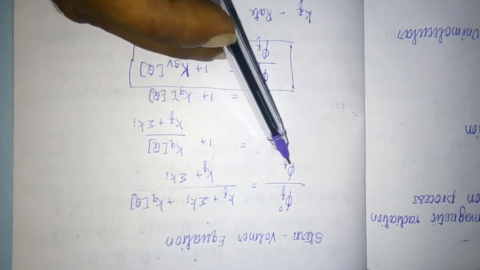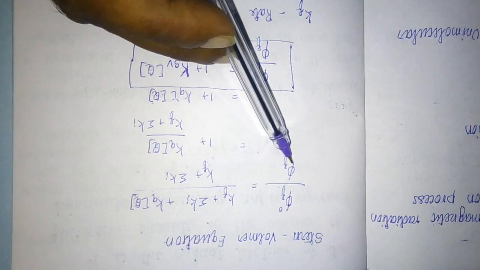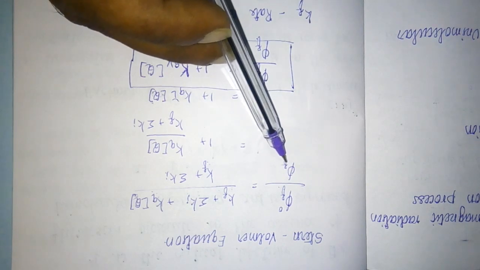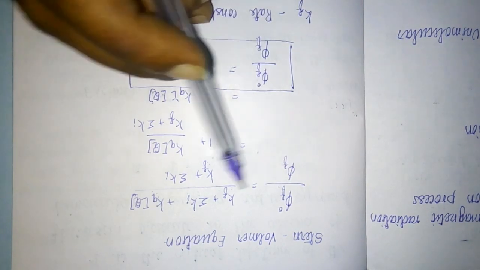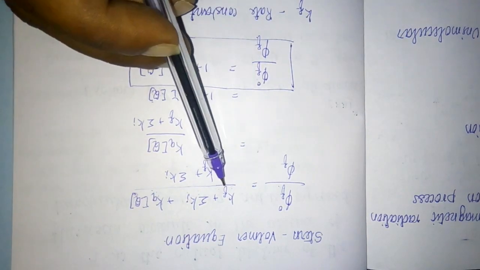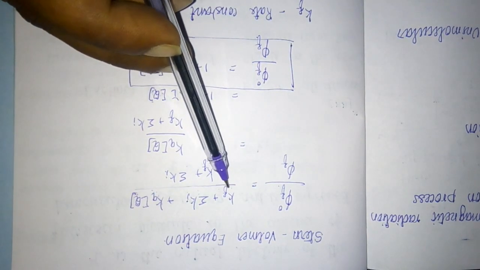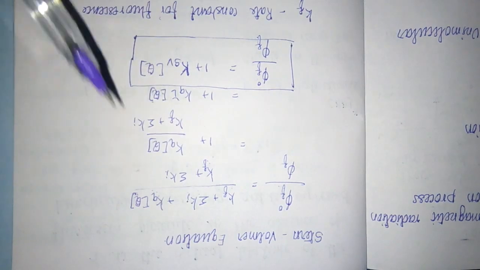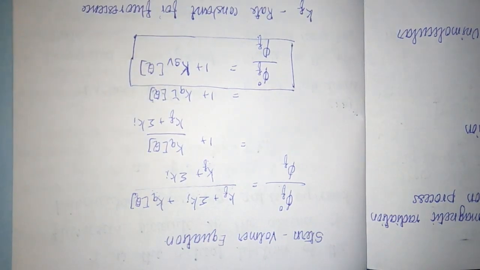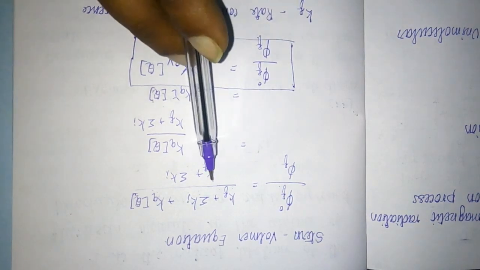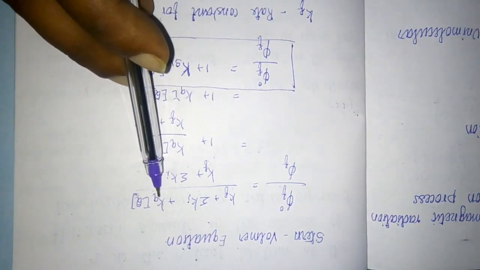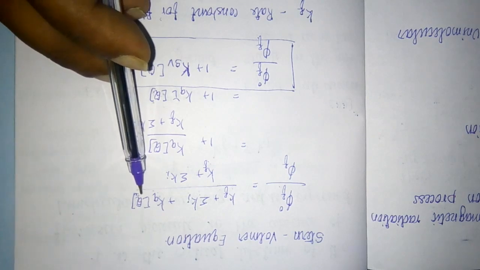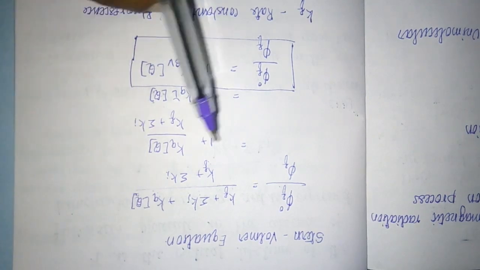Psi f shows the quantum efficiency of fluorescence in the presence of the quencher. In this equation, kf is the rate of fluorescence, sigma ki is the sum of the rate constants for all the unimolecular deactivation steps, kq is the rate of quenching, and Q is the concentration of the quencher.